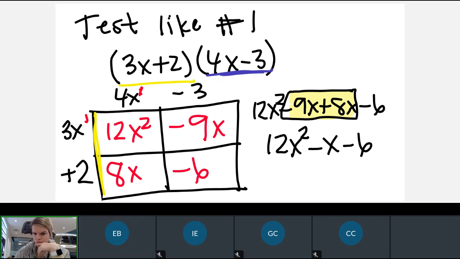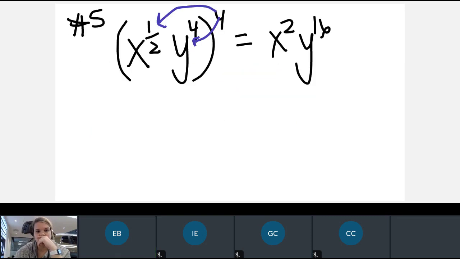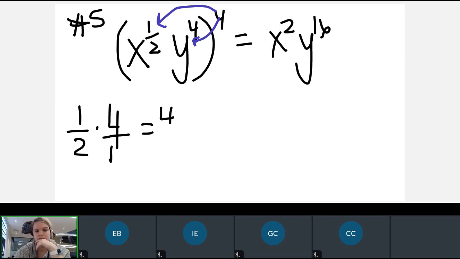Okay, any other? Yes, Erica. It's a little question. On number 5, did you just divide 4 divided by 2? Yep, 4 times 1/2, which is the same thing as 4 divided by 2. Because this is an exponent to an exponent, you multiply straight across the top. So that would be 4 and 2 on the bottom, and then 4 divided by 2 is 2.